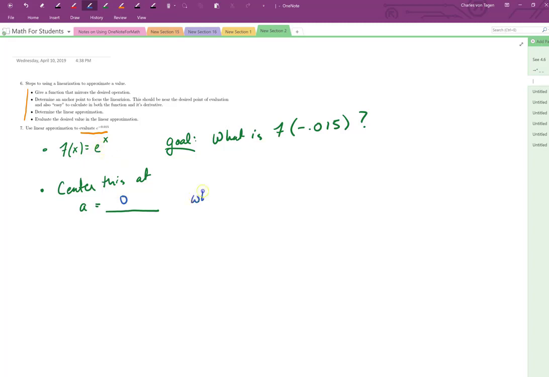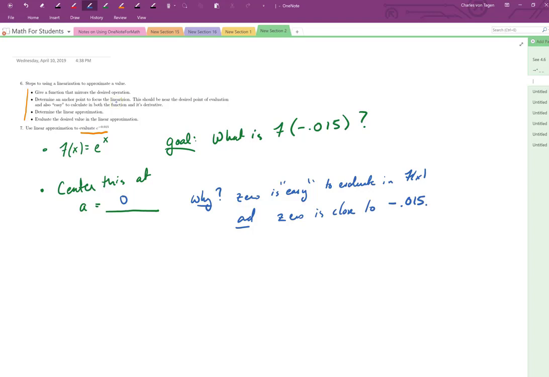So why? 0 is easy to evaluate in f of x. Okay. And 0 is close to negative 0.015.